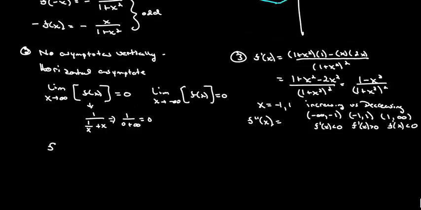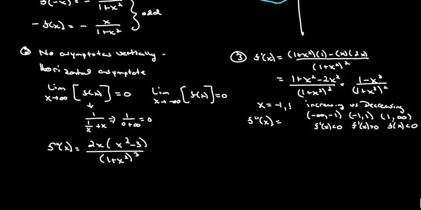So f double prime of x is the derivative of this ugly mess. And I'm not going to work through the whole thing, but when you do work it out, you get the following. Like that. Okay?